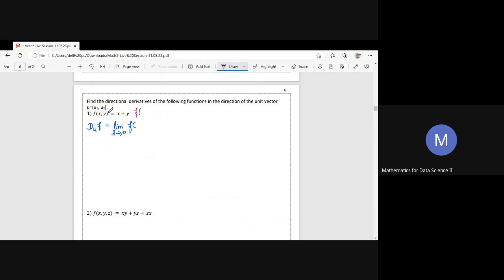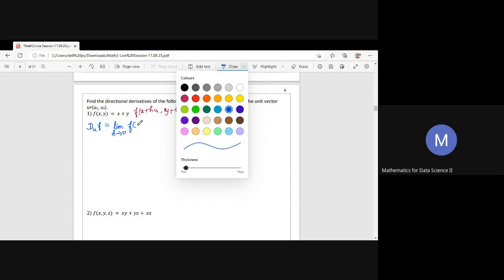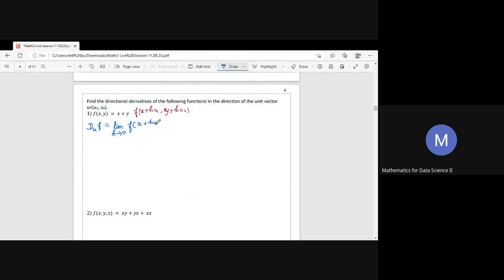f of, here only two variables, so (x plus h u1, y plus h u2). I would have directly written f of (x plus h u1, y plus h u2) minus f of (x, y), the whole divided by h.